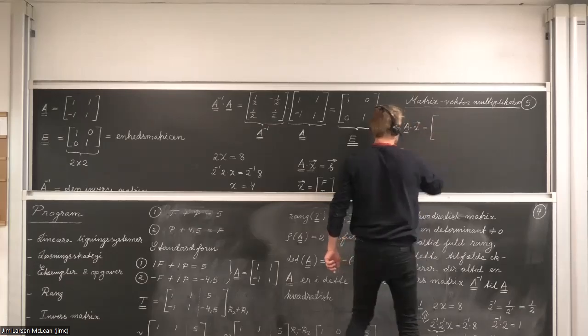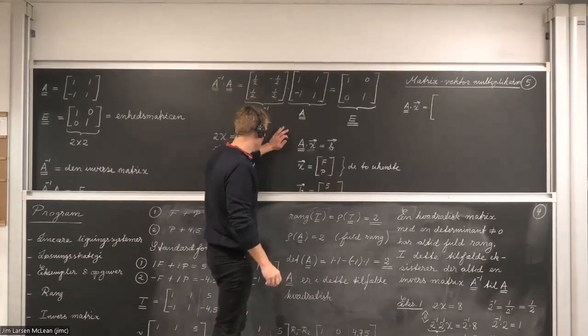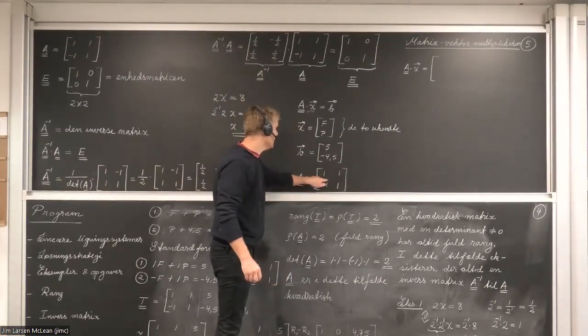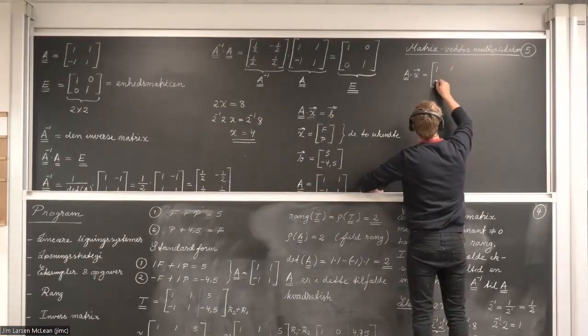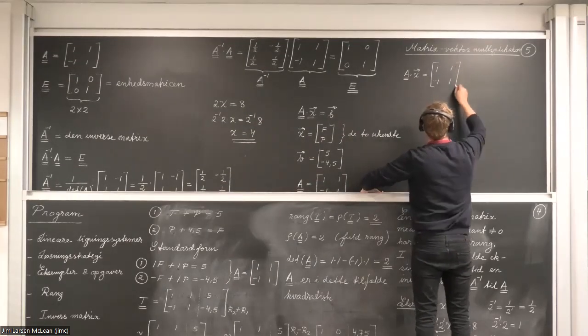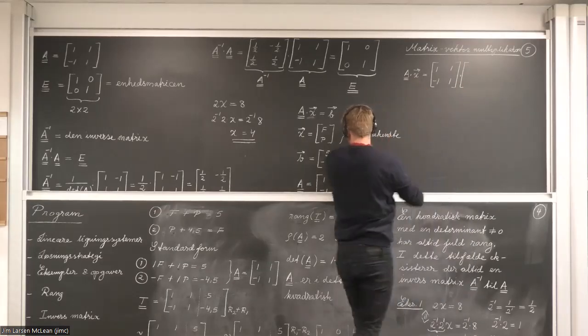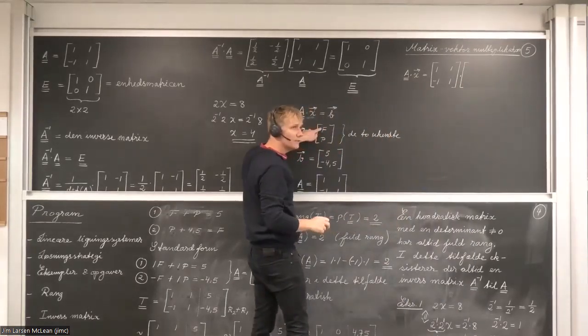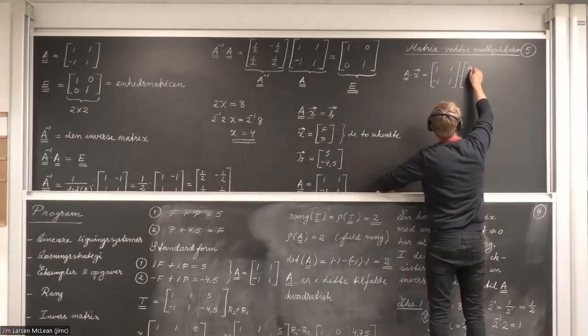Well, it gives 1, 1, minus 1, 1. So I'll write that here: 1, 1, minus 1, 1. And I will multiply that by the vector called x, which contains the two unknowns, the bottle's price and the cap's price. So F and P.